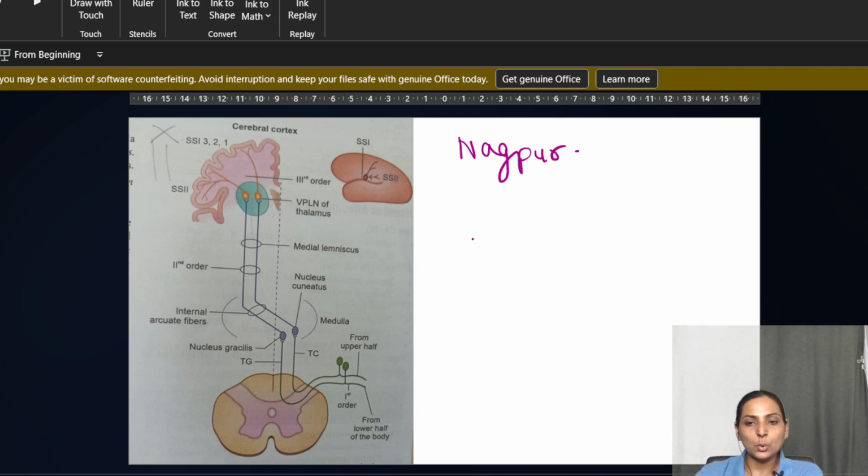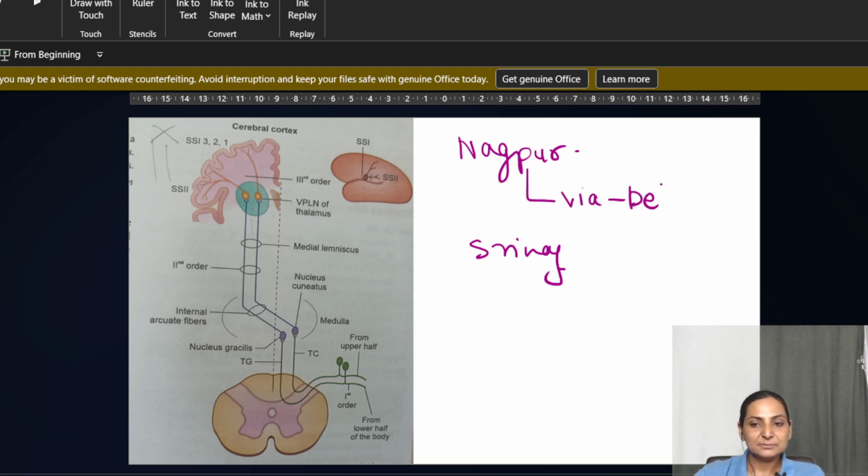Suppose we have to go to, say, Srinagar. Now I don't have a direct flight, so I have to go via Delhi. So I started my journey from Nagpur. This will become my first order neuron. Because it is not a direct flight to Srinagar, I need to halt at Delhi. So this is the first halt, and this will become the first relay station.